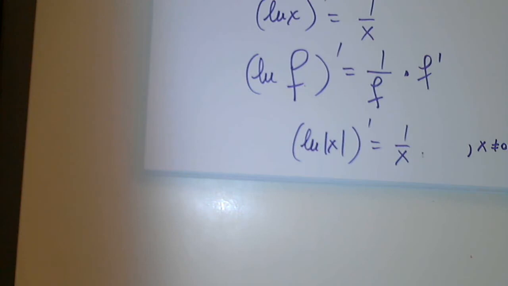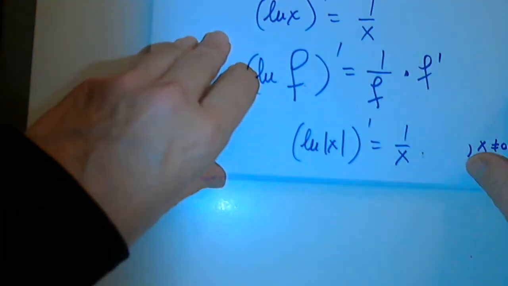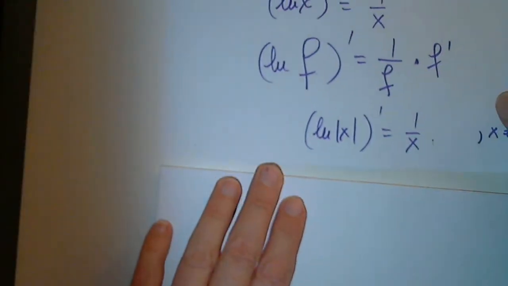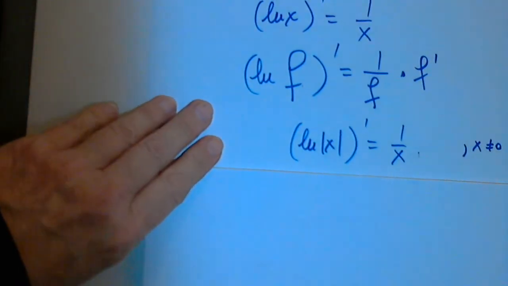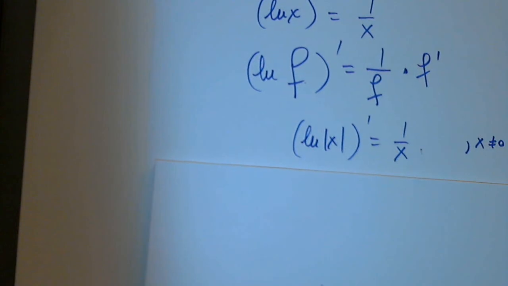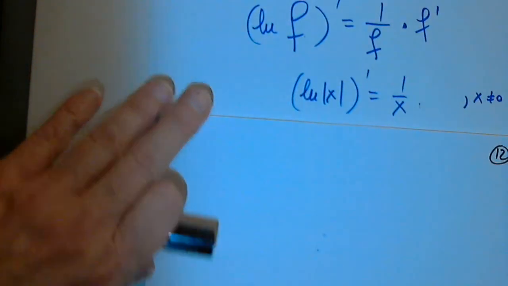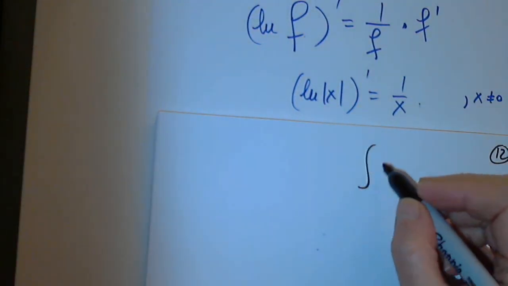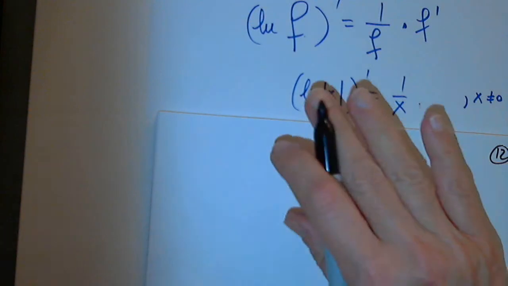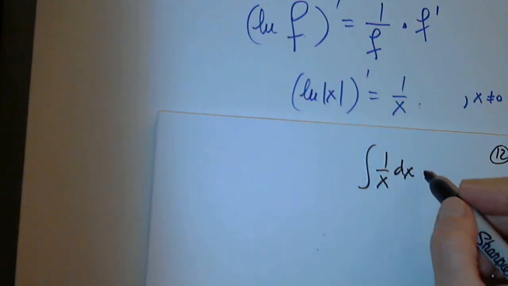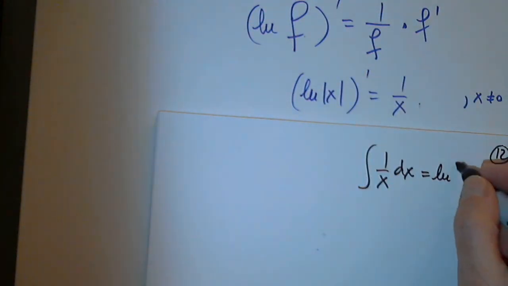Why is this important? It is extremely important for chapter 5. Because in chapter 5, I'll explain why we're doing this and what techniques we're using when we get there. But in chapter 5, we're going to go backwards. So we are going to integrate 1 over x dx. Don't even write this. This is not for now. And the answer has to be natural log of the absolute value of x plus a constant c.